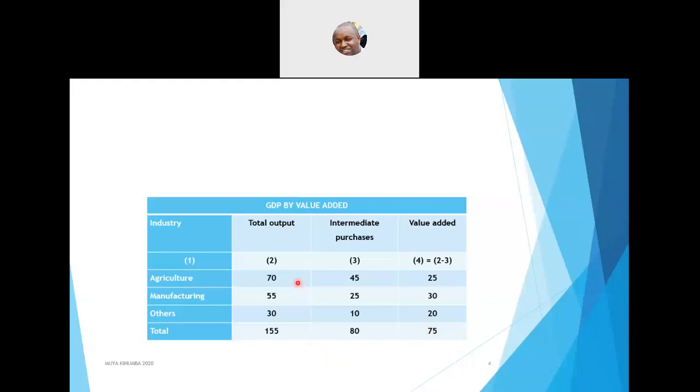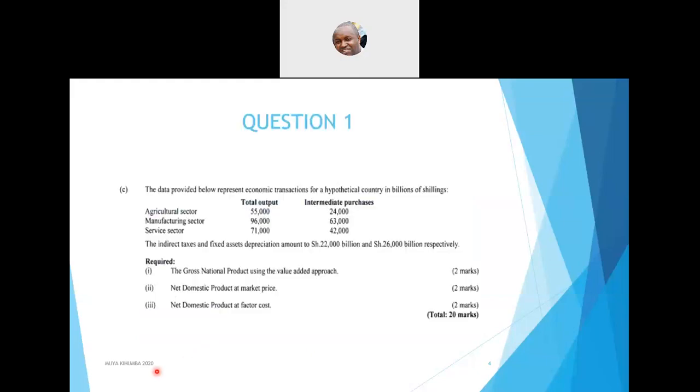A different approach is to add all the total outputs in the different sectors and the intermediate purchases in the same sectors, and we less intermediate purchases from total output, and we shall end up with the same figure as we had computed previously. So the GDP for country X is 75,000.